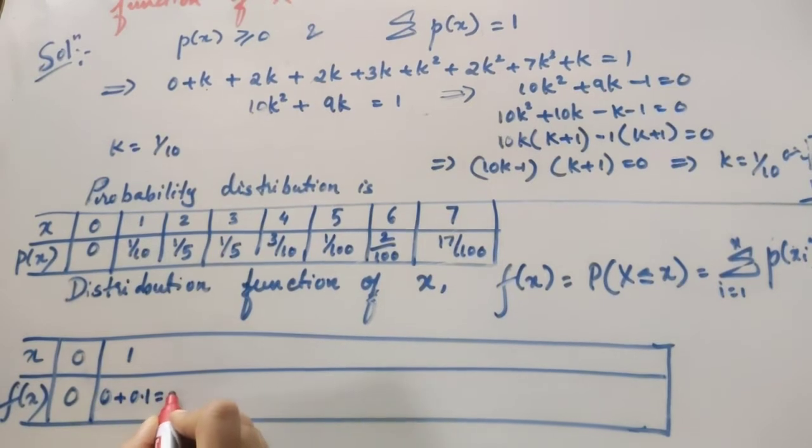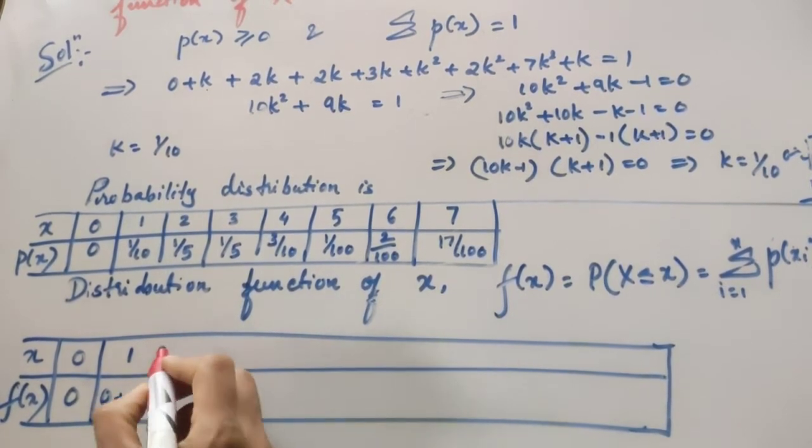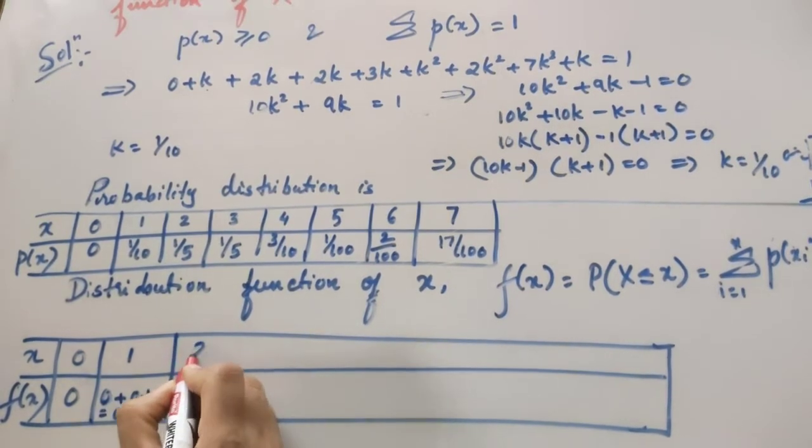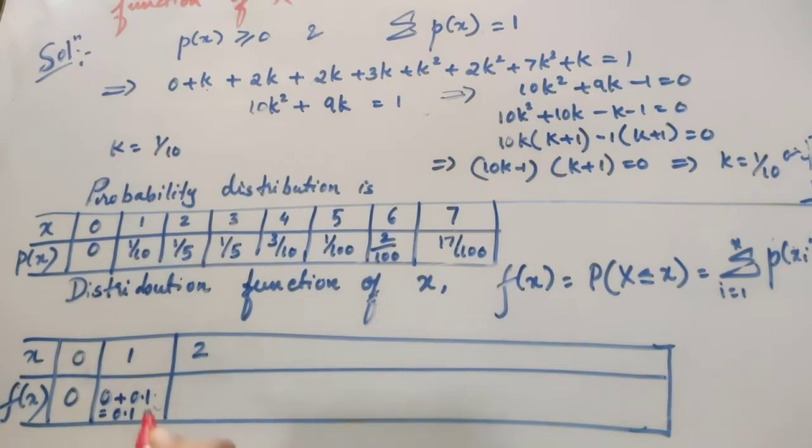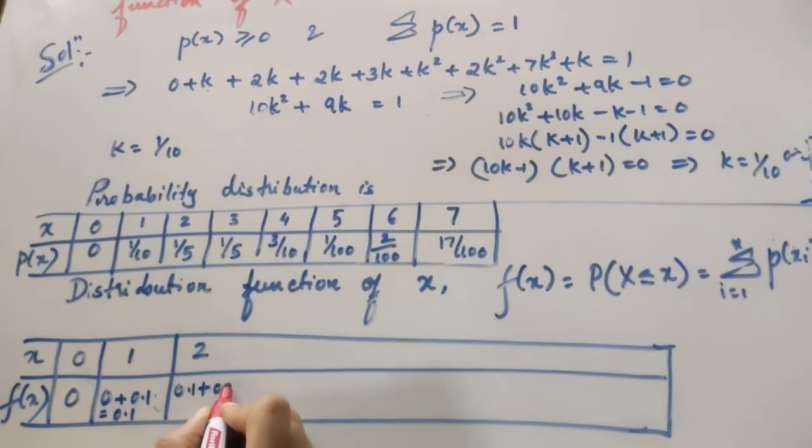Next for 2, it will be 0.1 plus the present one, 1 by 5, which is 0.2. The previous value was 0.1, plus 0.2 gives 0.3.